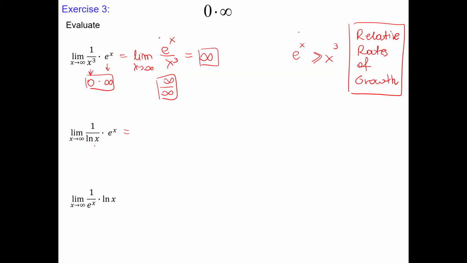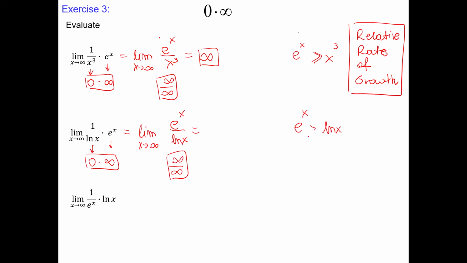Now natural log at infinity is infinity. 1 over a big number is 0. E to the x at infinity is infinity. Indeterminate product. Let's change to a quotient. We know how easy it is. And now we have a battle, because it is infinity versus infinity, e to the x and ln of x.